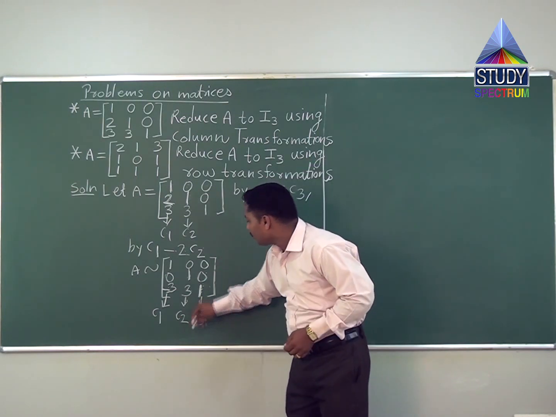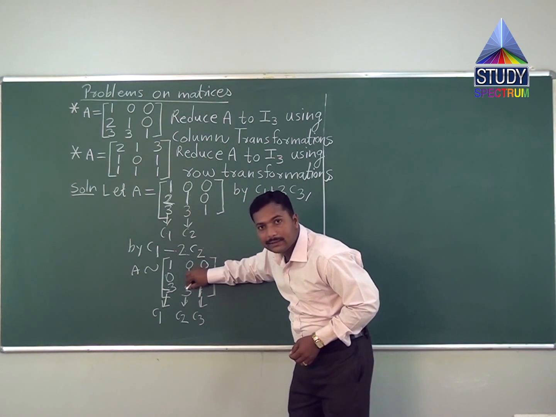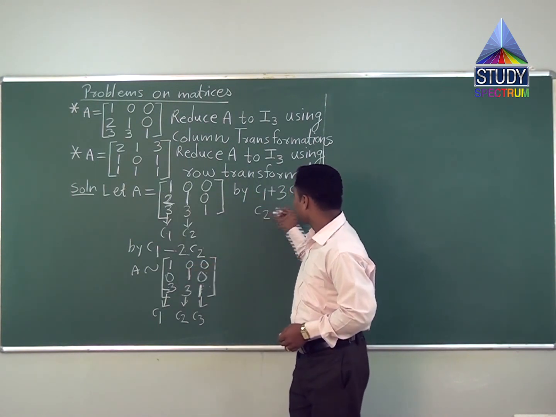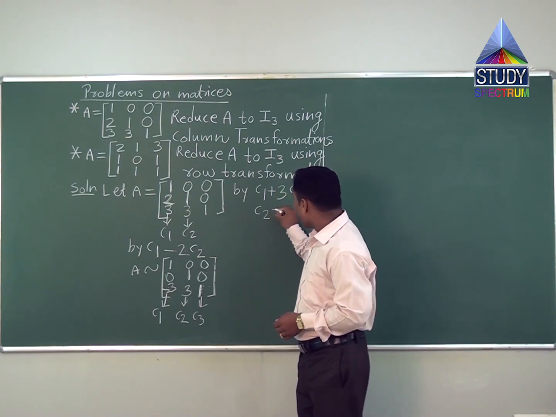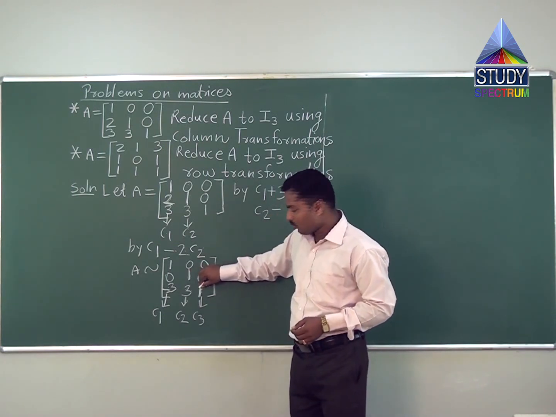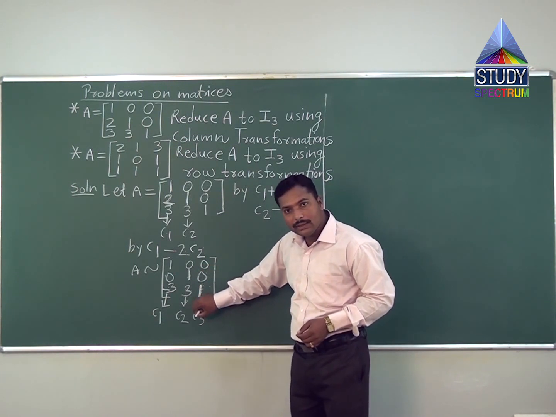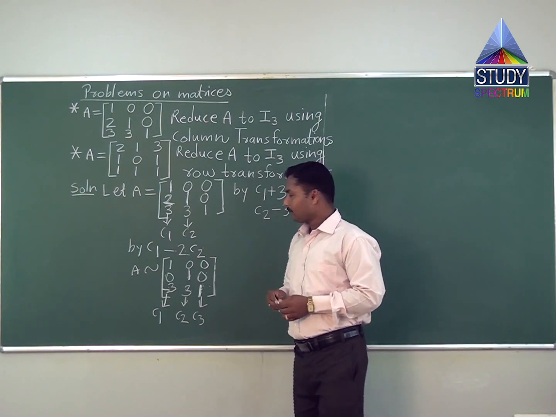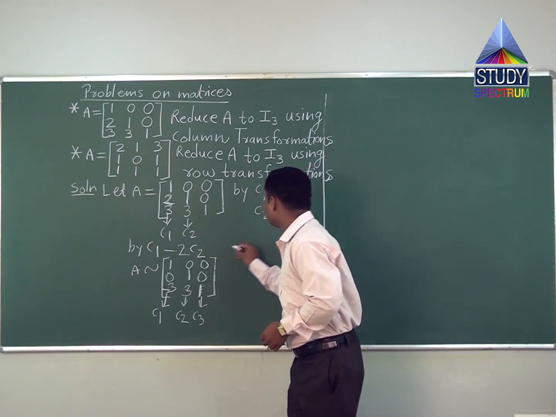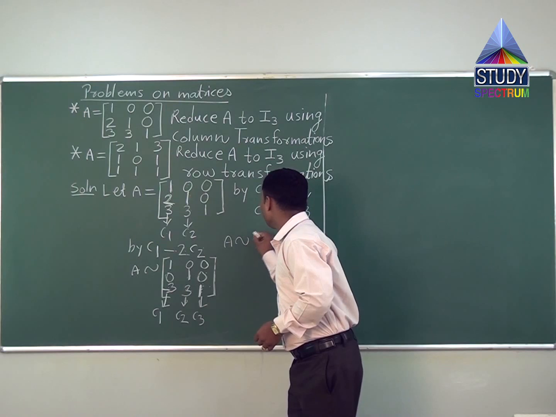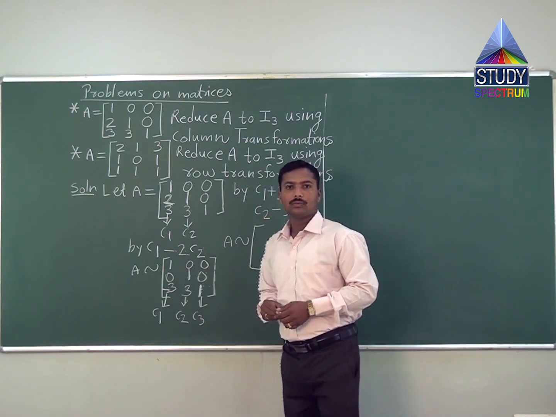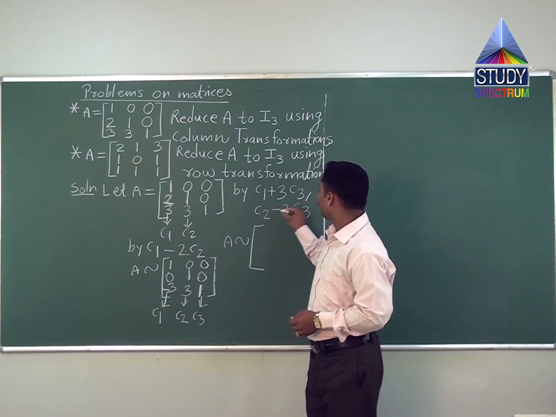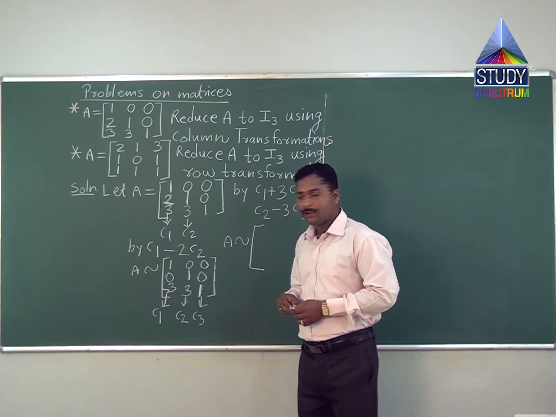Also, we want to make this number 0, so C2 as it is, minus 3 into 1. 1 is the member of the third column, so 3 C3. So what we get? A is equivalent to C1 plus 3 C3 and C2 minus 3 C3.